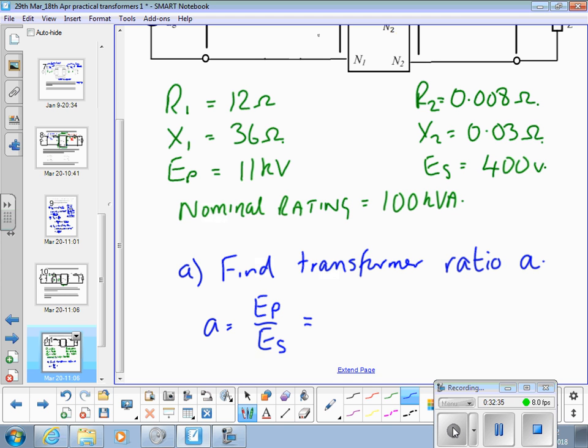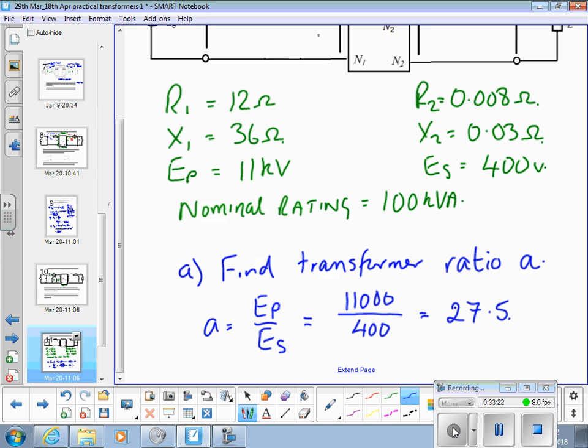Just remember my terminology. Primary was 11,000, secondary 400, so 27.5. I might have picked a whole number for our first example. Greater than 1 is step down, yeah.